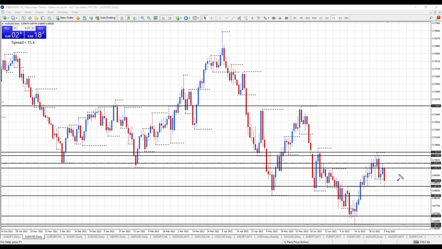Alright traders, moving on to the Aussie dollar day chart. So after the interest rate decision, we've had a decline and we formed a lower top here. So ultimately failing at this daily resistance level here at 70.30. So a lower top's forming. We're just moving back below monthly resistance at 69.67, 69.91.